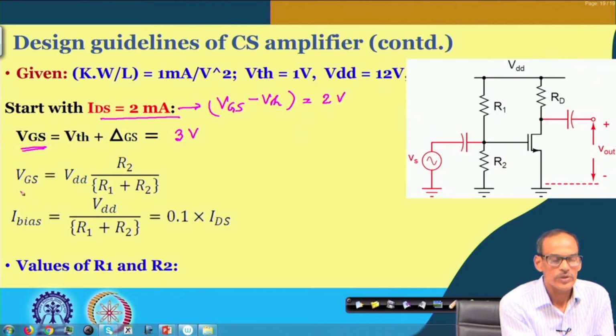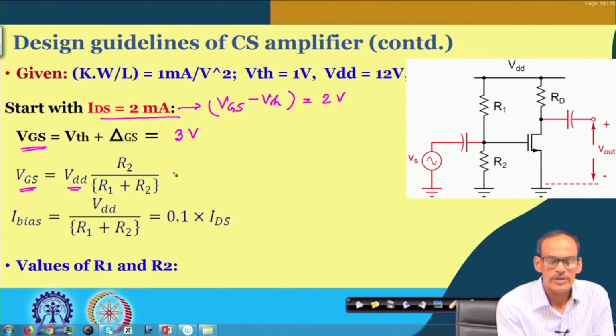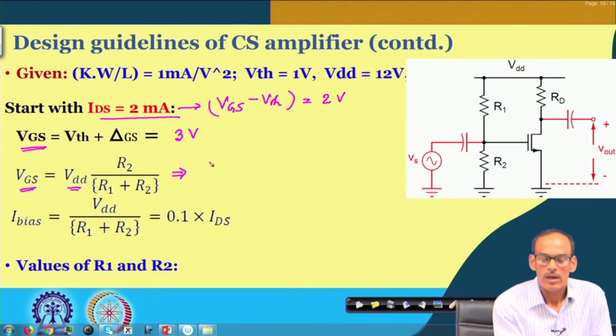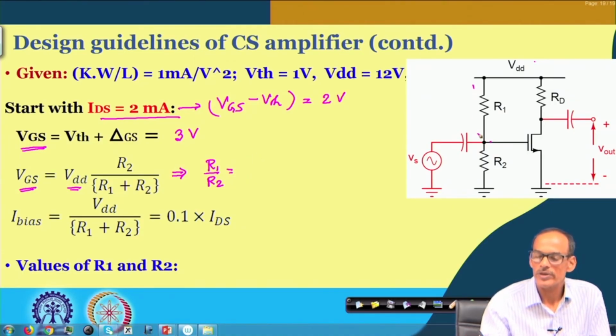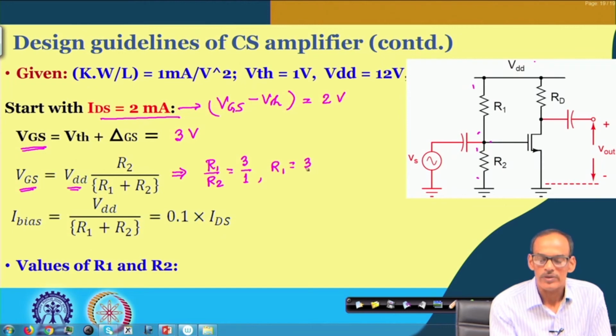So, to get this V G S 3 volt from 12 volt supply, what we will be getting here is R 1 by R 2 equals, we do have 12 volt, we like to get 3 volt. So, drop across this one is 9 volt, drop across this R 2 is 3 volt. So, the ratio here is actually 3 by 1, or R 1 equals 3 R 2.